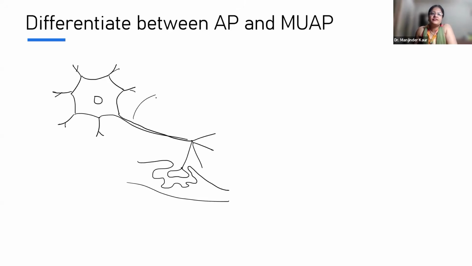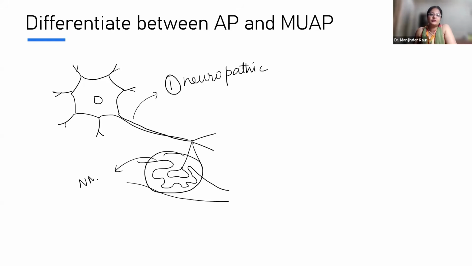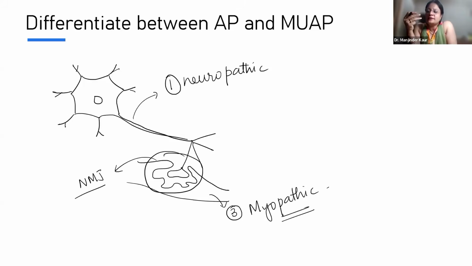The first is a problem in the nerve, so you will have the neuropathic cause of muscle weakness. Or there is a problem in the neuromuscular junction, so you have neuromuscular junction related weakness. The third is that the muscle itself is damaged, which is called the myopathic cause of muscle weakness.